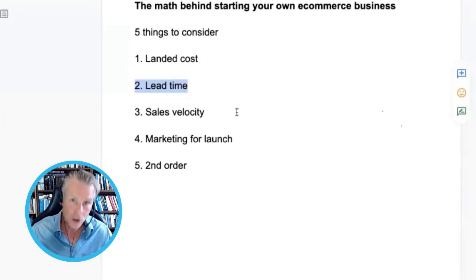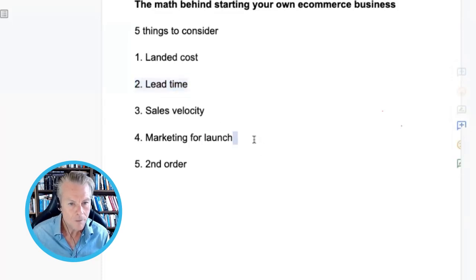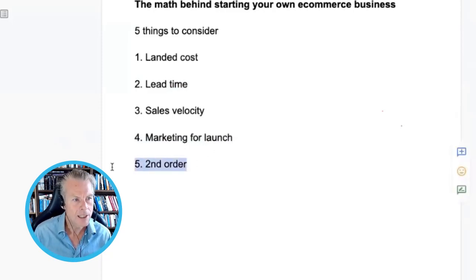How fast your sales are, we call it velocity, but really it means how many sales you're anticipating making per day. What your marketing launch costs will be. I've got a really good rule of thumb for that. And then your second order. Let's break this down and go a little deeper.